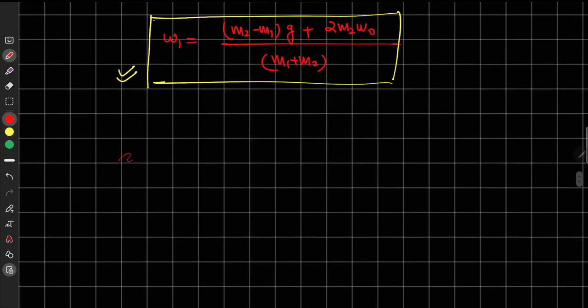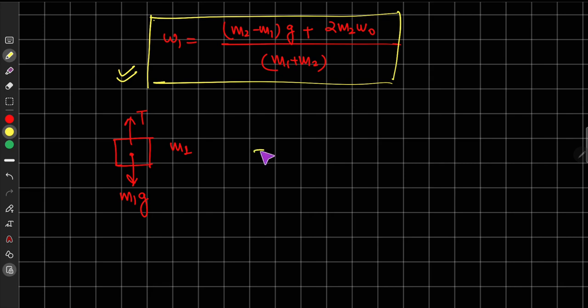Now this is the acceleration we got. So if we draw the free body diagram of mass m1, in this particular direction we will have the gravitational force, that is m1 g. Now we are talking about the inertial frame of reference, that is ground frame of reference. That's why we will not have any pseudo force, and we will have the tension force in the upward direction.